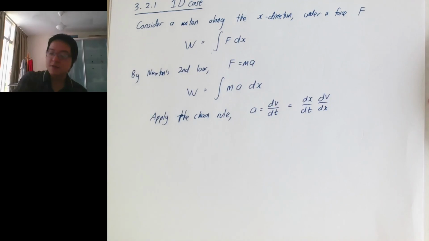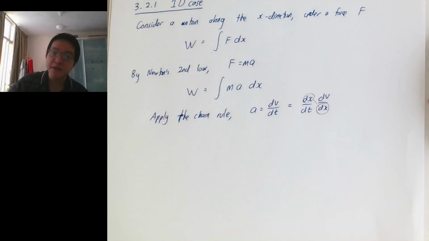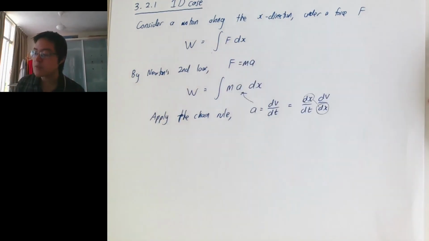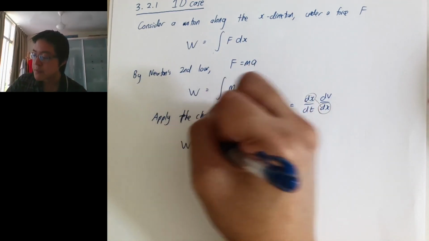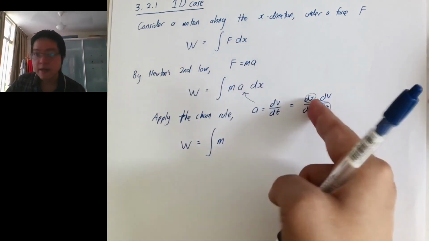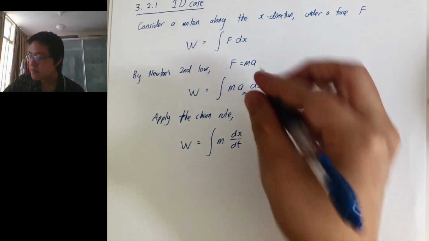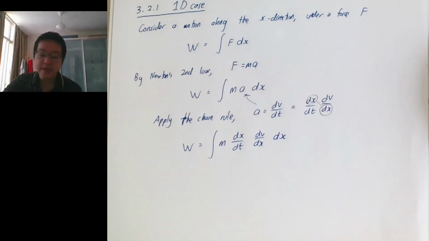Okay, so this is the chain rule, which you learn in calculus. The main point is I will substitute this formula into my integration. So I have the integral of m, times dx/dt, times dv/dx, integrated with respect to dx.